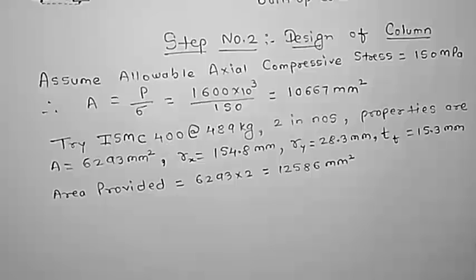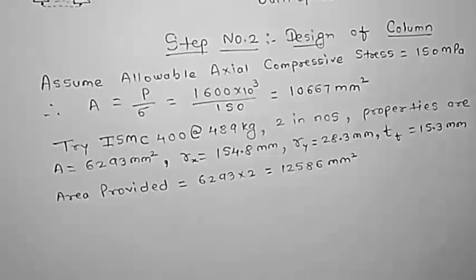Now we need to check the ratio of L by R so that we will get the design compressive strength required for this. If this design compressive strength is greater than the factored load, in that case we can say whatever the assumed section, that is ISMC 400, will be sufficient.